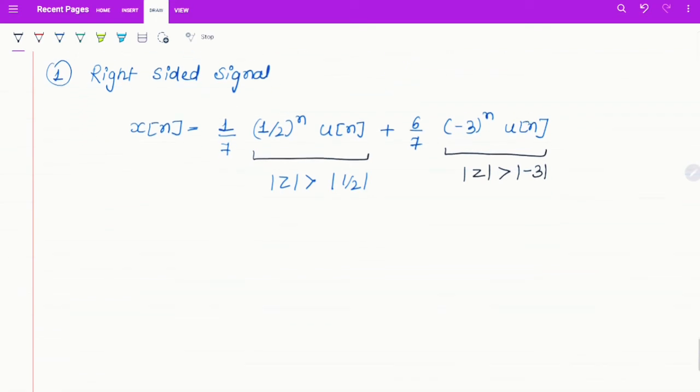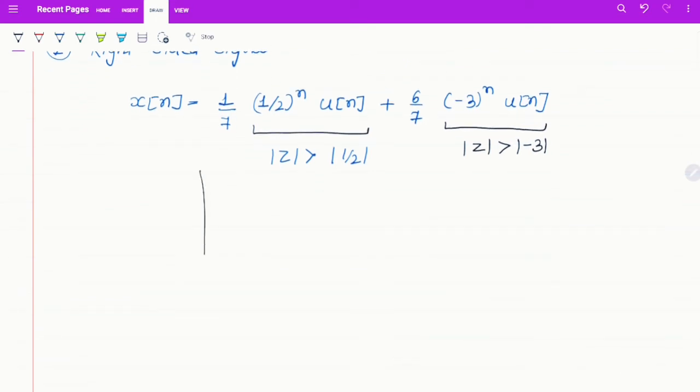Now how to draw this? See, first I draw the unit circle. This one is mod of z greater than 1 by 2, so 1 by 2 is somewhere here. Just draw a circle, and mod of z should be greater than 1 by 2, right?